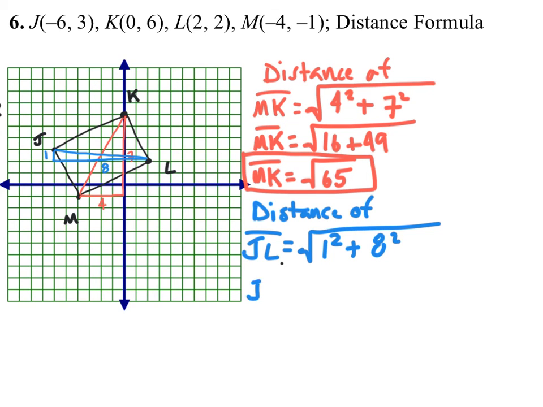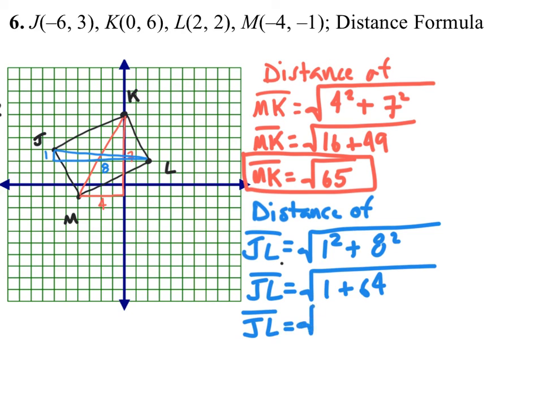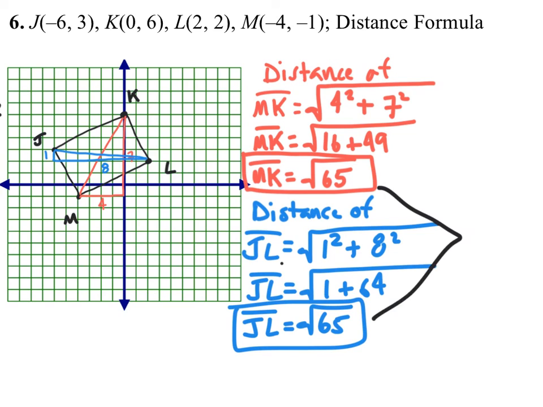So then I get JL is equal to the square root of 1 plus 64. Oh, look at that. So we find out that JL is equal to the square root of 65. And that's the same thing. So this is the same.